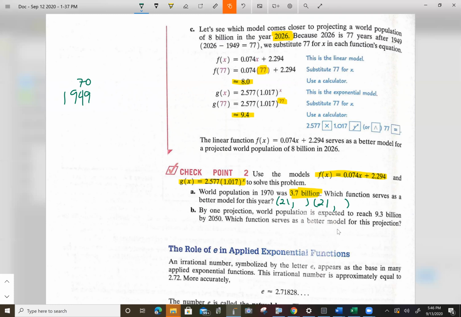And figure out which output best matches 3.7 billion. By one projection, world population is expected to reach 9.3 billion by 2050. Which function serves as a better model for this projection?